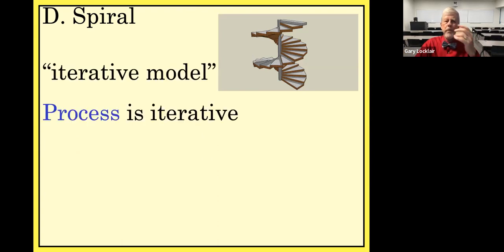Now it's the process that's iterative. Do a little requirements, little specs, little design, little implementation. Do a little bit more requirements, a little bit more specs, a little bit more design, etc. So it's the process that's iterative, not especially the product.